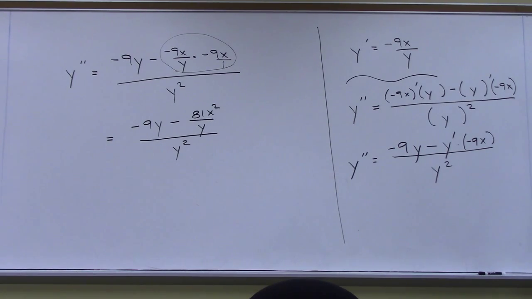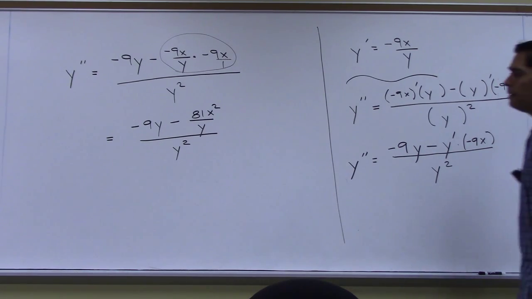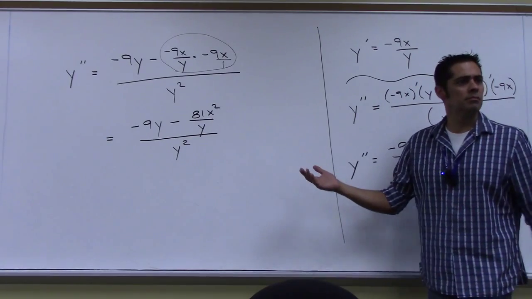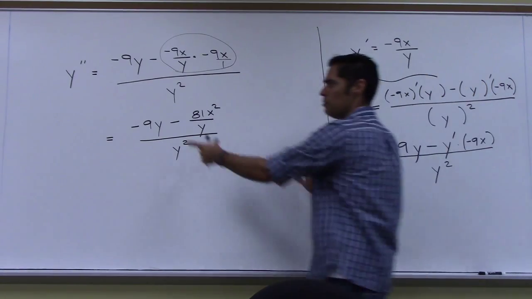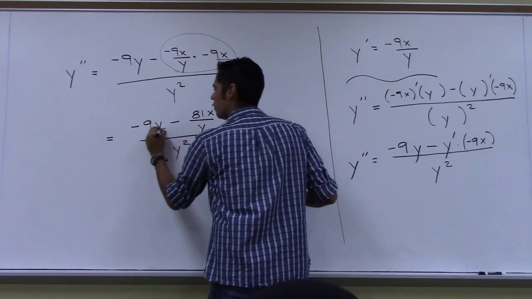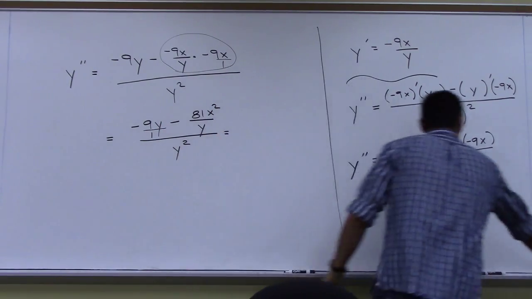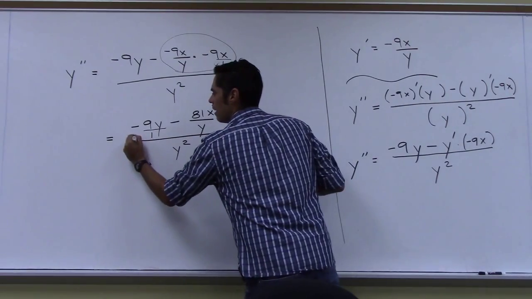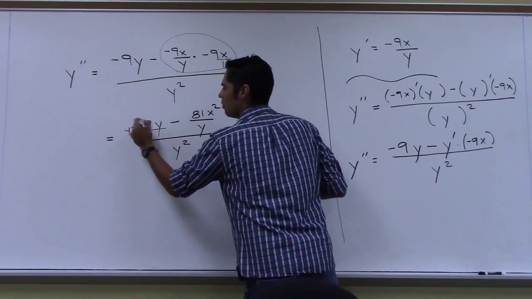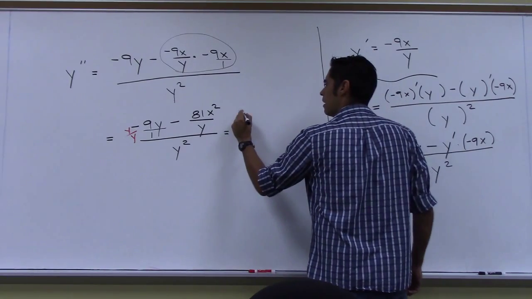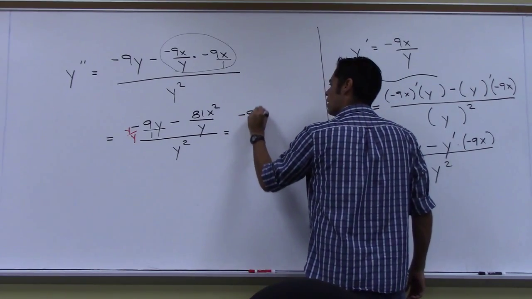Now, I heard common denominator. That would be okay. Yeah, let's just do that. Common denominator between these two? So that's over 1. So you have to introduce a y down here and up here. Multiply it. So you get negative 9y squared, right?